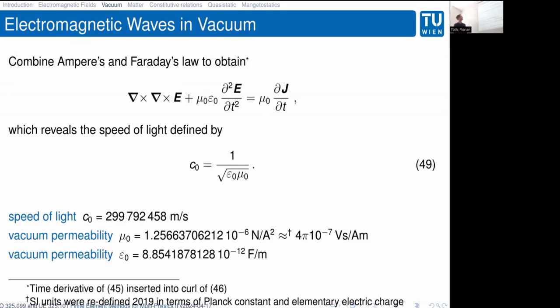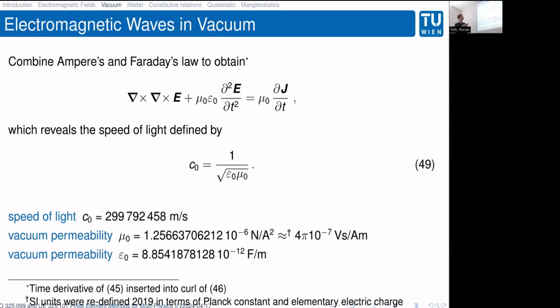But before we go into that, let's look at electromagnetic waves in vacuum. You can compare Ampere's and Faraday's law to obtain a wave equation. So we have a second time derivative and a second spatial derivative on the vector valued quantity of the electric field density, and you have some kind of excitation term on the right-hand side if you want.